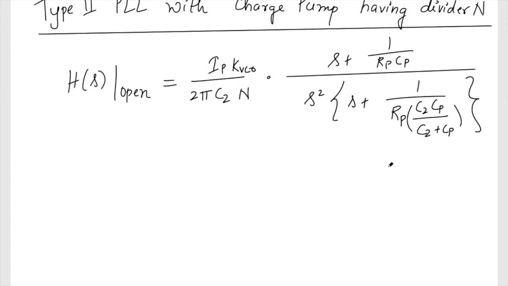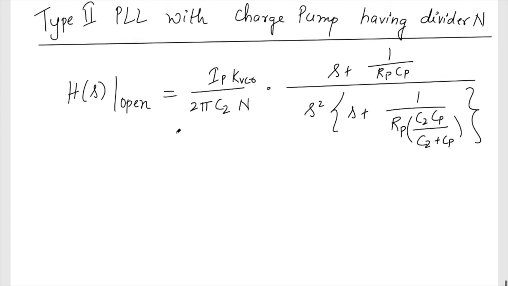This is the open loop gain transfer function, and we need to analyze it to find the phase margin. The only difference between the open loop case without a divider and this case is that the N is added here.